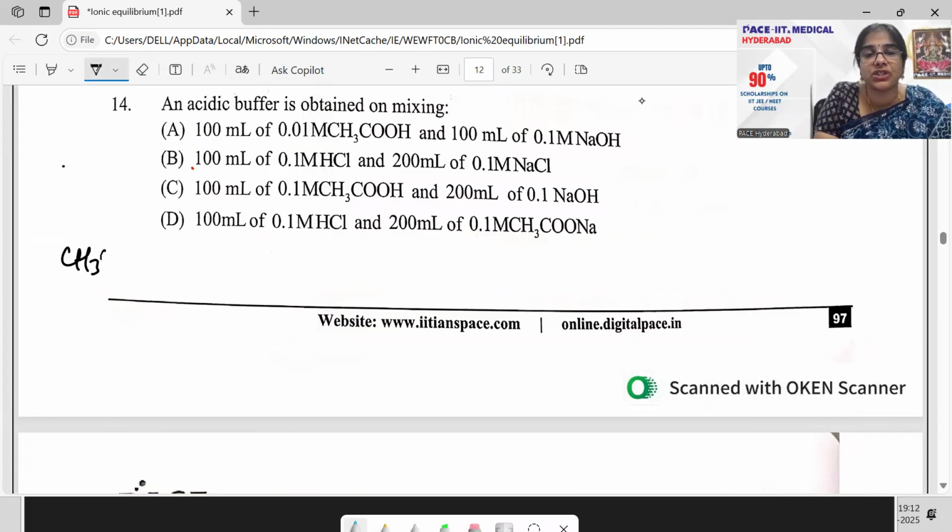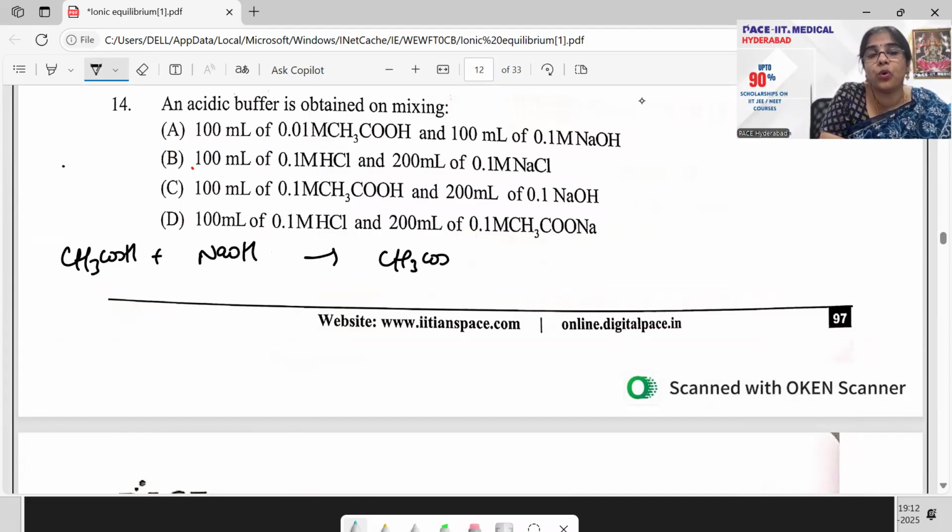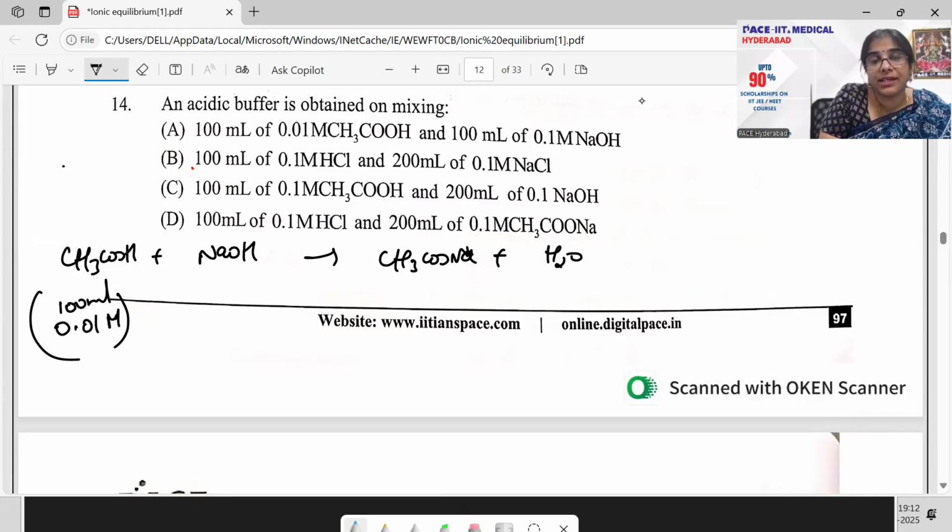You have CH3COOH plus NaOH mixed. That would be CH3COONa, and then plus H2O. So that is what we get. And 100 ml is given here, 0.01 molar of CH3COOH and 100 ml with 0.1 molar.